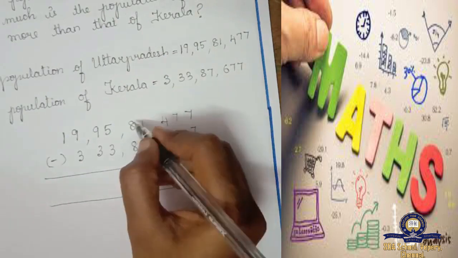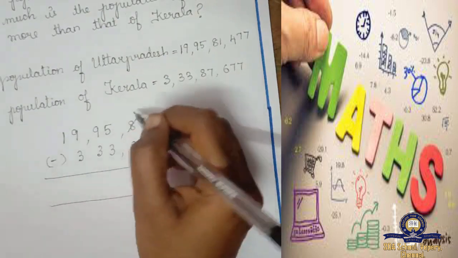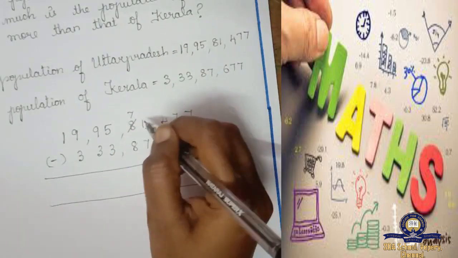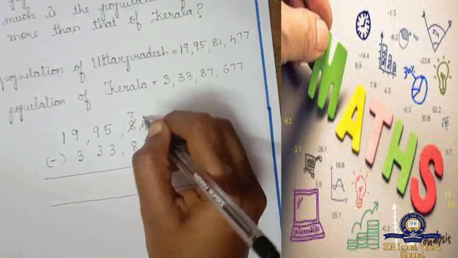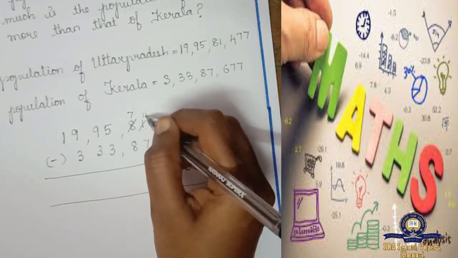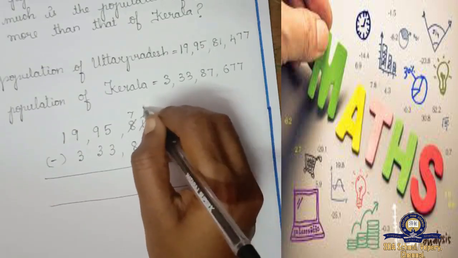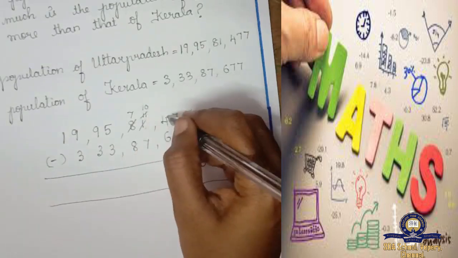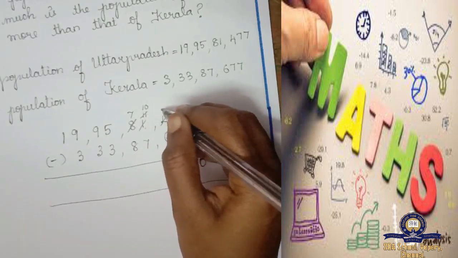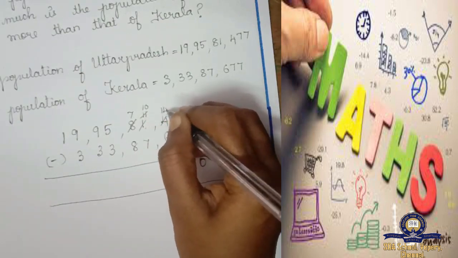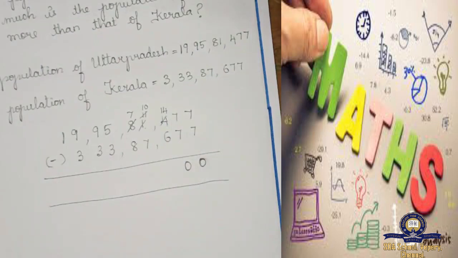So before itself we can borrow from here. This will become 7. This will become 11. If we borrow from here, this will become 10. And this will become 14. So 14 minus 6 is what? 8.